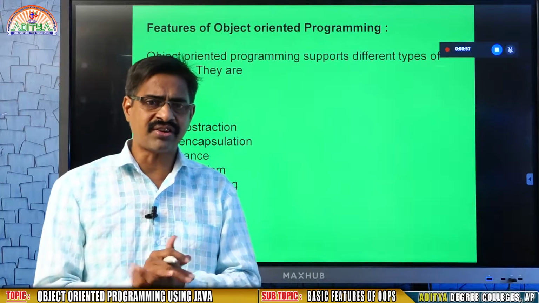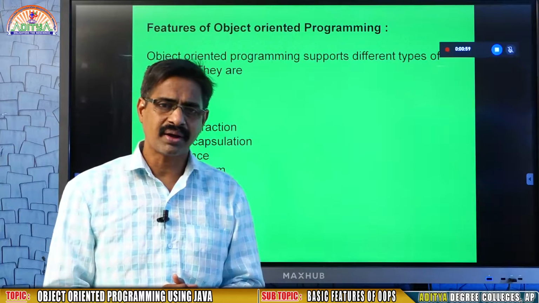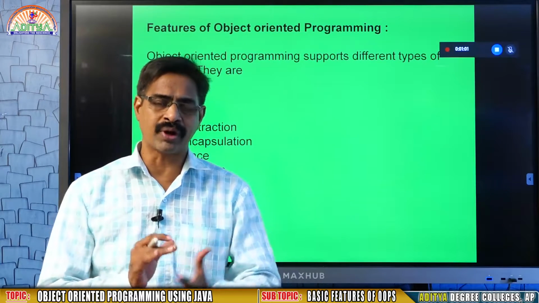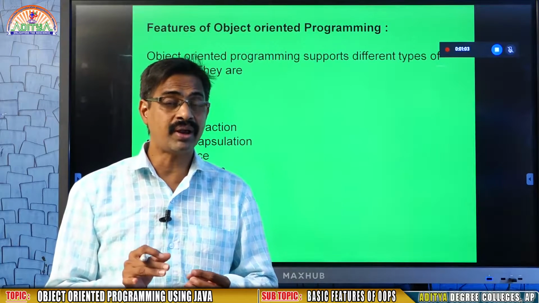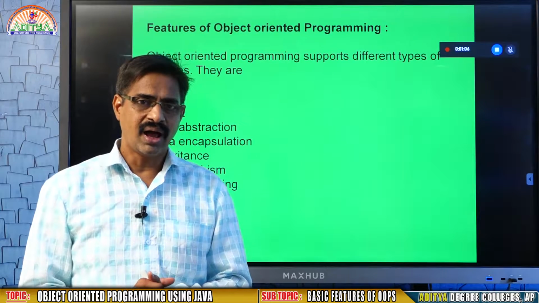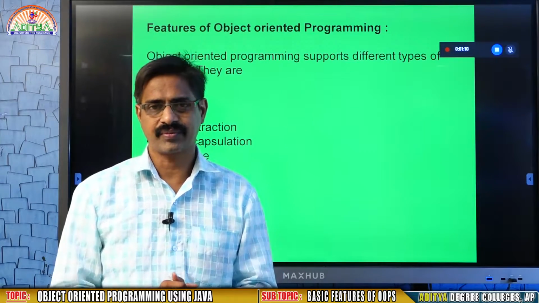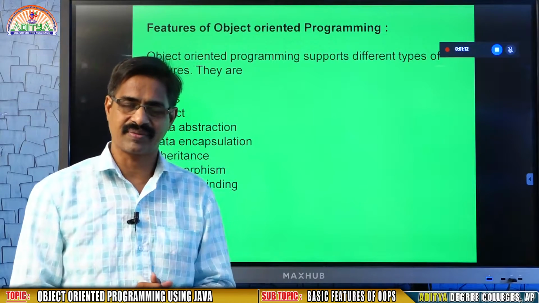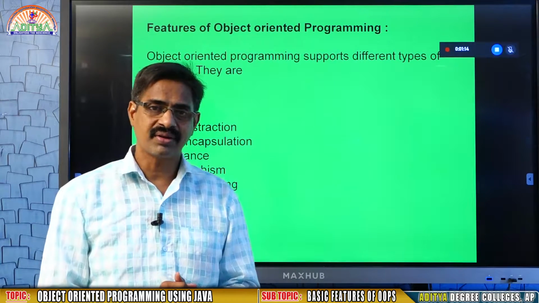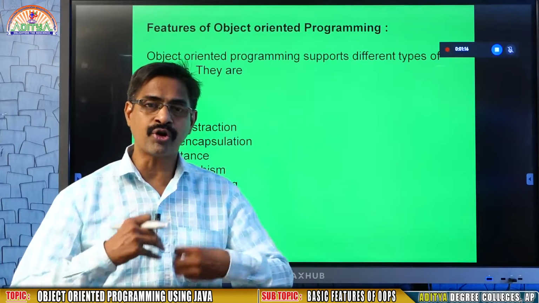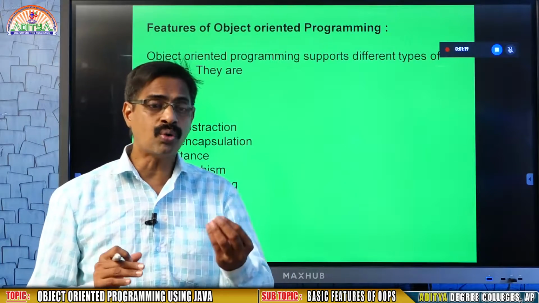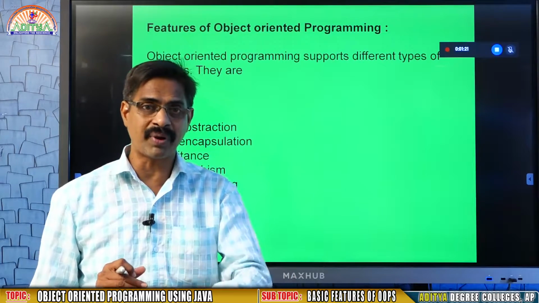Now in this section I am explaining what the features of object-oriented programming are. It is a very important question, and every object-oriented programming language supports some features. Why do we have to learn these features? Because why are we adopting object-oriented technology? To move our information or things from one place to another place.